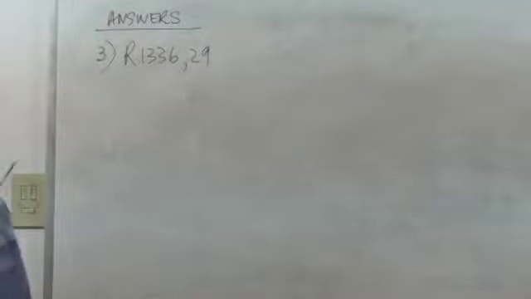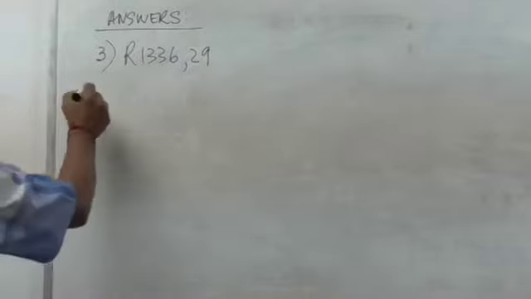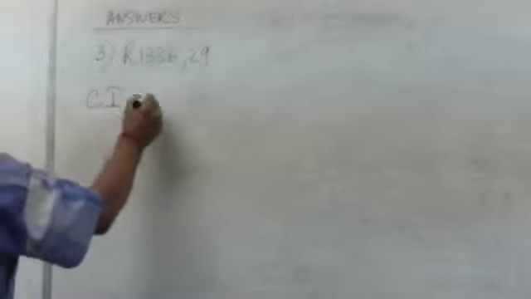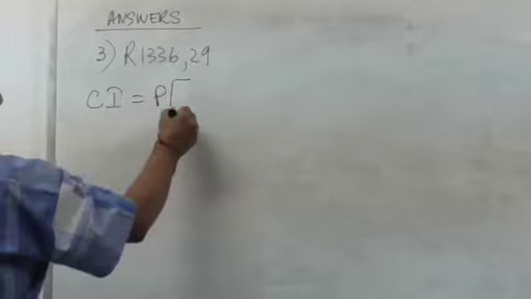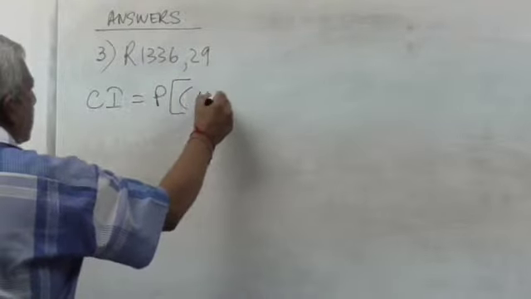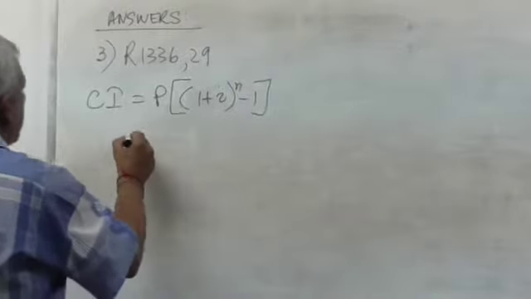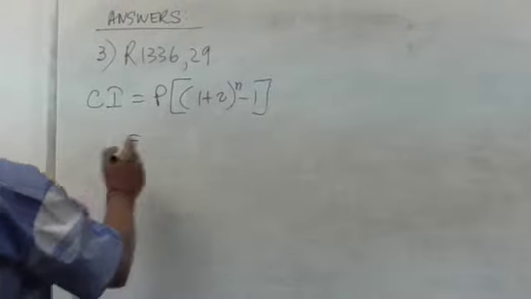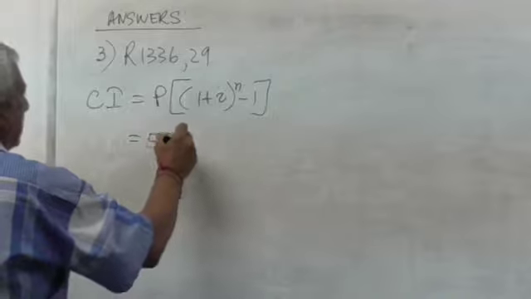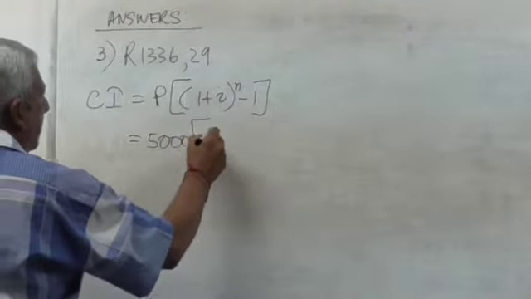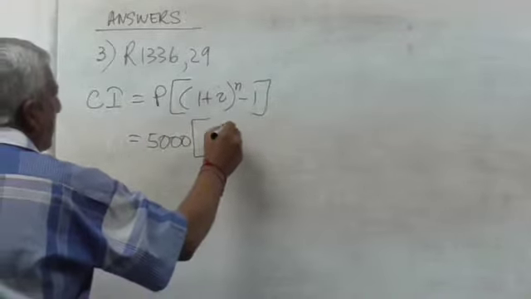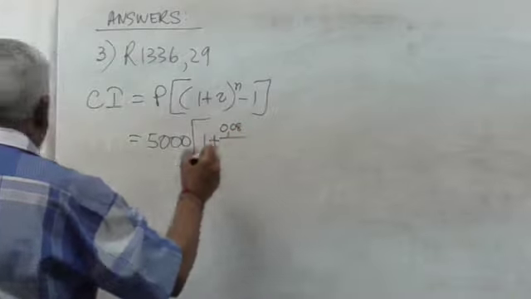There's a shortcut way. First, the shortcut way is that the compound interest is equal to P into 1 plus I to the n minus 1. So your P here is 5,000 into 1 plus I, which is 0,08.